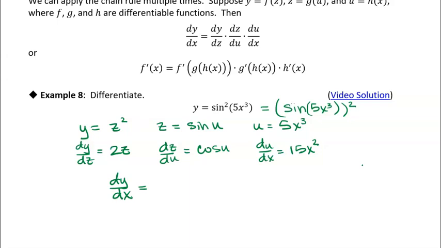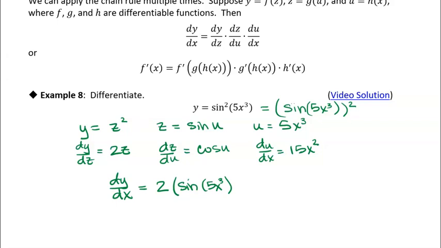The first thing is 2z, but I have to replace z with what it actually is, which is the sine of u. But again, I want to write everything in terms of x, so it's going to be the sine of 5x cubed.